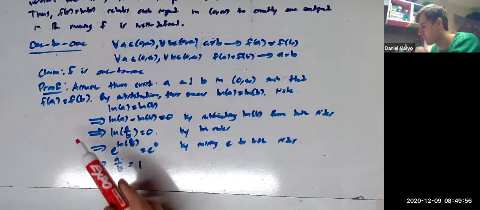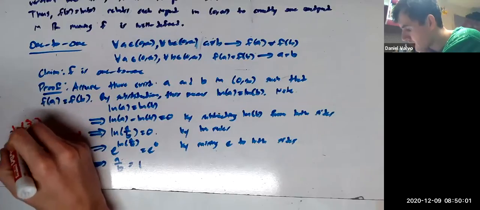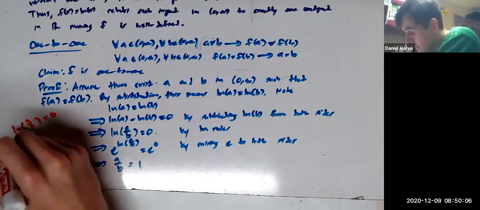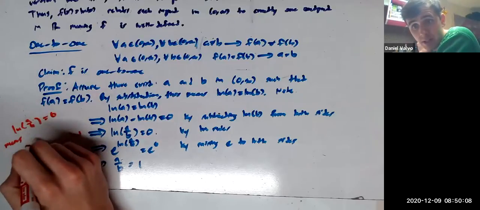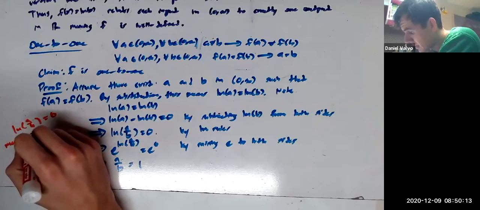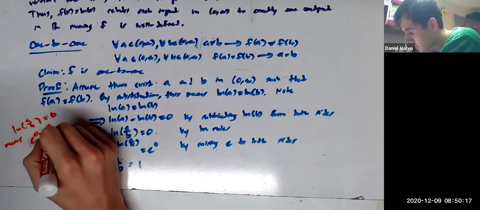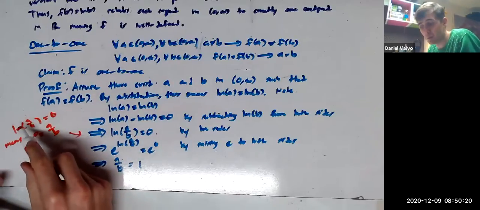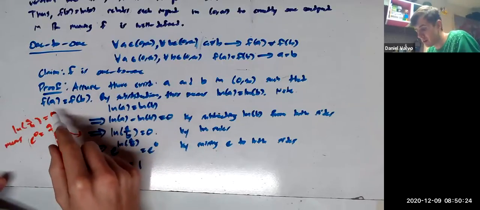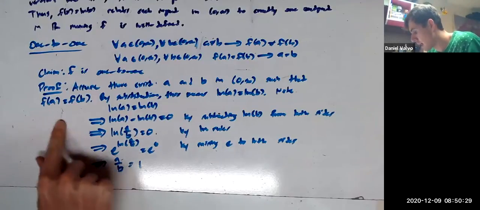You could think about going from here to here with this step, although I personally don't like this. I prefer to think about what ln of A over B means. Ln of A over B equals 0. Ln of A over B asks the question: e raised to the what equals A over B? So this means that e raised to the 0 must equal A over B. Either way works.